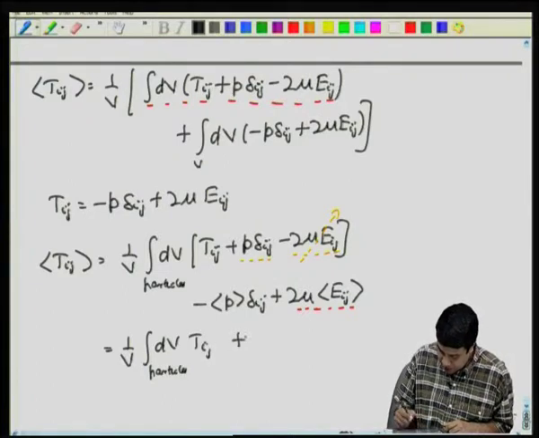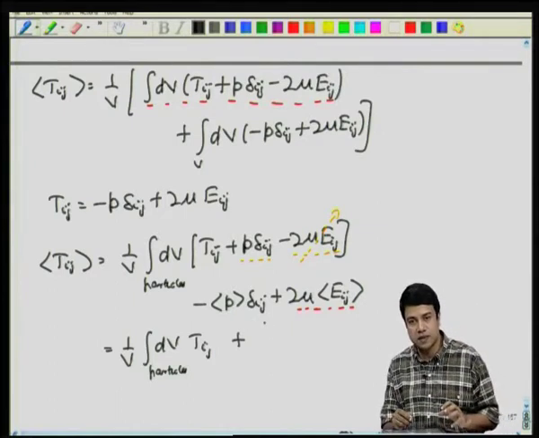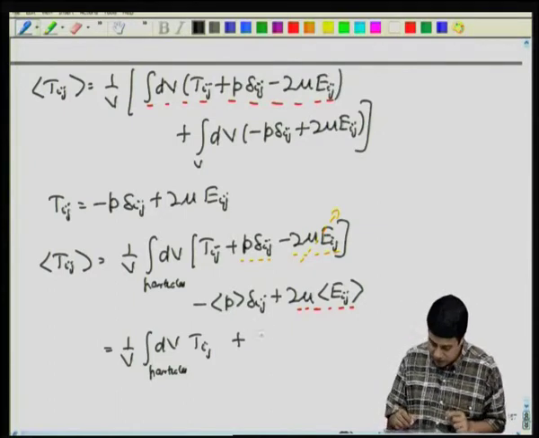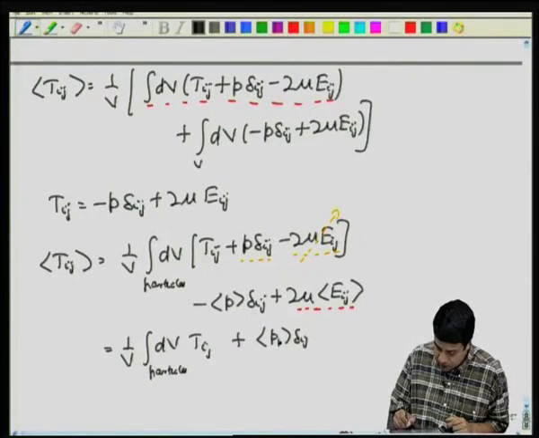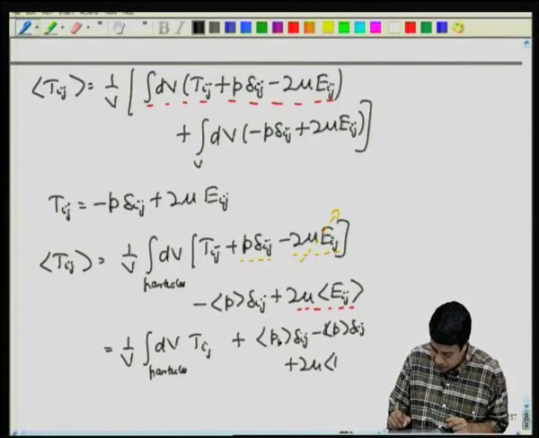Plus, there could be some compression or expansion due to the particles. So, I will just leave that as a particle pressure delta I j minus the fluid pressure delta I j plus 2 mu times E I j.